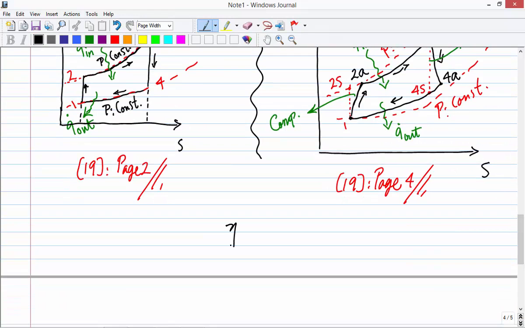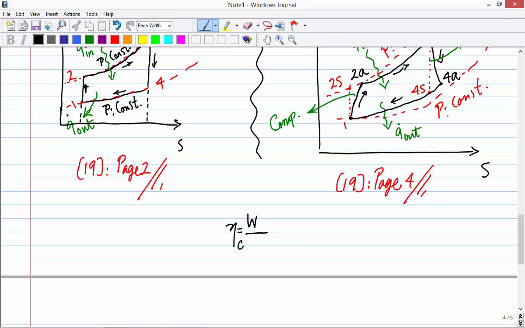The efficiency for the compressor is, so an ideal compressor requires less work compared to an actual compressor, because an ideal compressor is like a better compressor, right? It's more efficient, so it needs less work to give us the same pressure ratio.